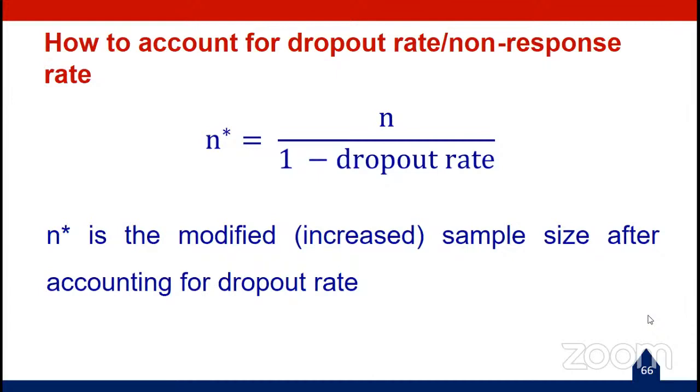Commonly we use a dropout rate of 5%, 10%, 15%, and we don't go more than 20%.